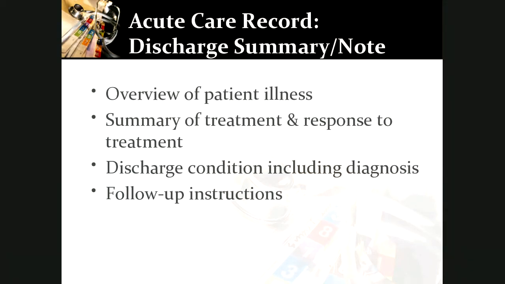The discharge summary or note. Some places call it a discharge summary, some call it a discharge note. This is the overview of the patient's illness. It tells about their hospital stay or wherever in that record. They have the summary of the treatment and the response to that treatment. So if they didn't respond to that treatment, it will be documented. If they gave them a certain type of medication and they had a reaction to it, that would be documented.